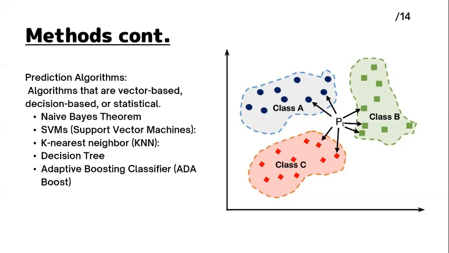And finally, adaptive boosting classifier, a statistical classification method that adjusts its weights by combining weak rules, with more erroneous predictions given larger weights. As a boosting classifier, it works in tandem with other algorithms that have performed poorly in their prediction task and is used to improve accuracy. Next.